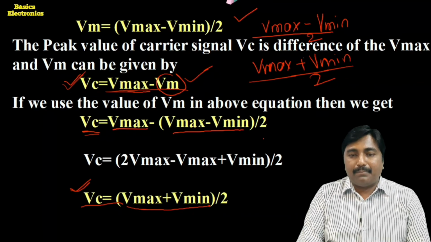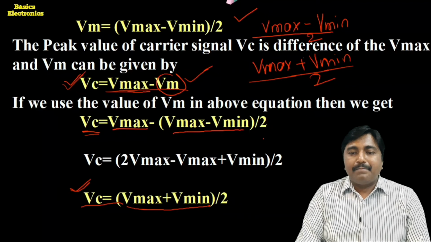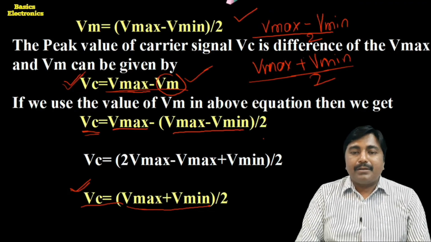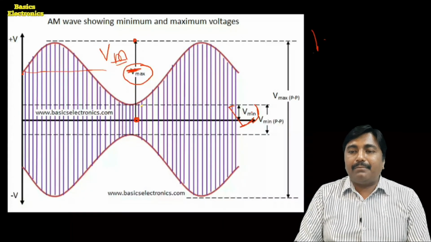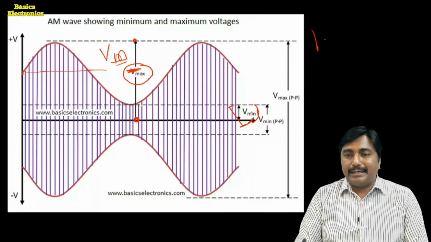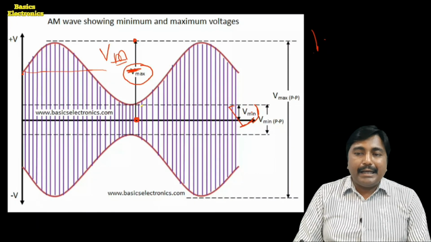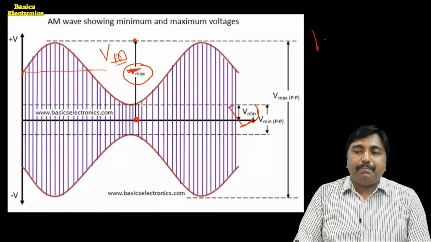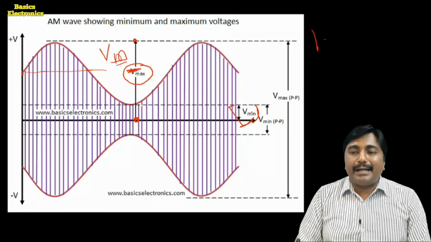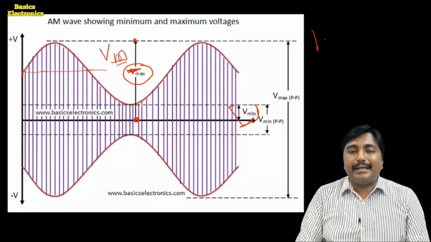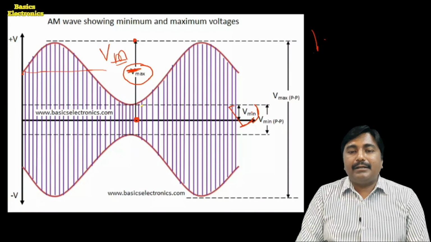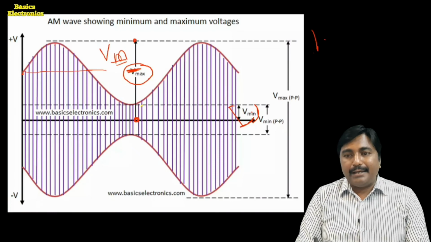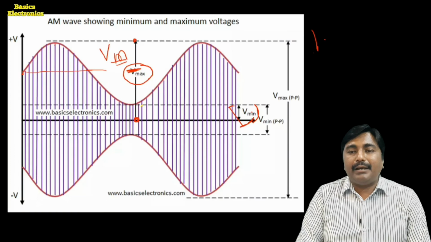If we subtract Vmin from Vmax, we get the peak to peak value Vpp of the modulating signal voltage, and Vm equals Vpp divided by 2. Therefore we get Vm equals Vmax minus Vmin divided by 2. Okay, so we get the value of Vm.